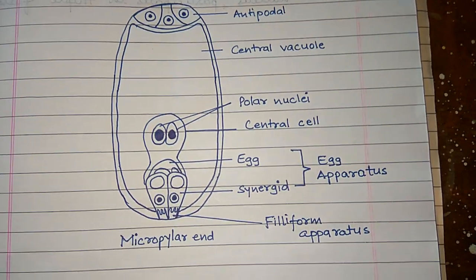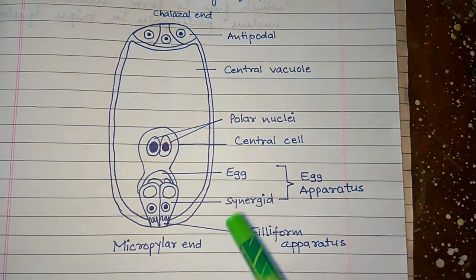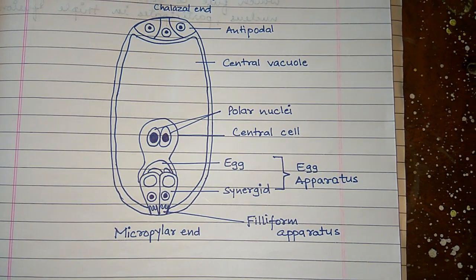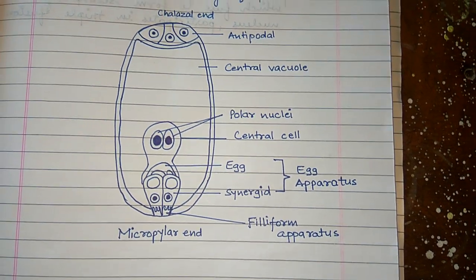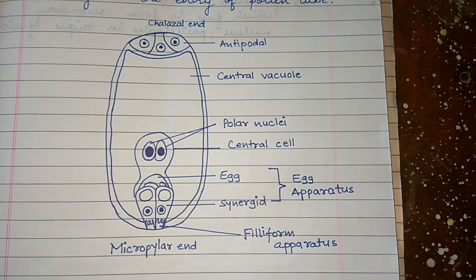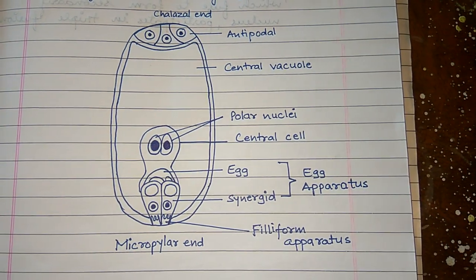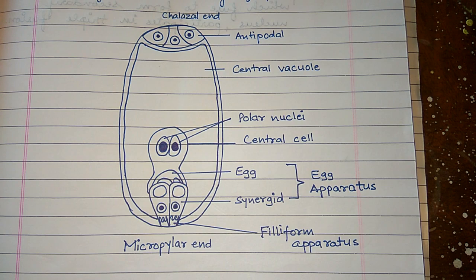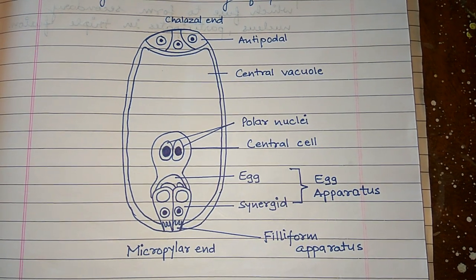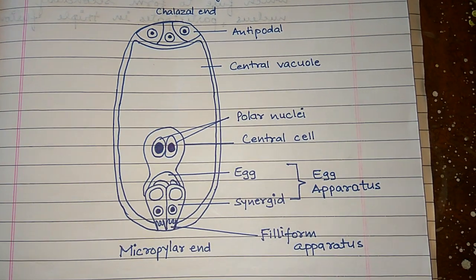It contains synergids. Synergids are the two cells present at the micropylar end.